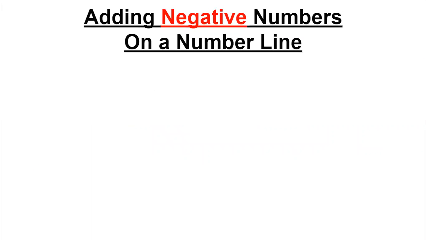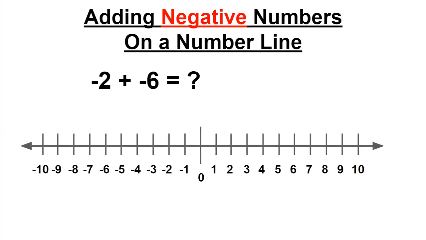Try another pair of negative numbers and add those on the number line. Negative 2 plus negative 6. There's our number line. So first we have to show negative 2. Which direction is our arrow going to go? Left or right? It's negative. Exactly. It's going to go left. Two spots. We're going to land on the negative 2. And then remember, for negative 6, we're still going left.